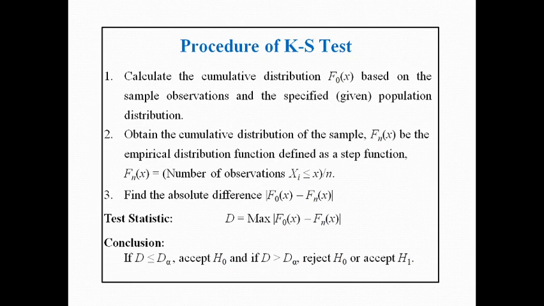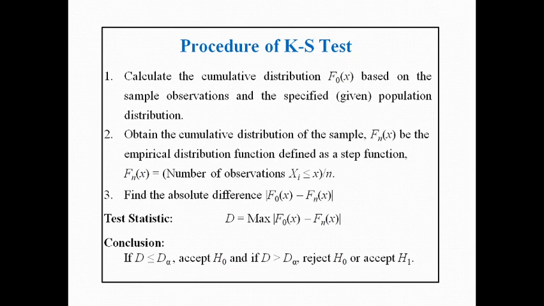Now we will see the procedure of the KS test, that is, how to perform the Kolmogorov-Smirnov test for goodness of fit. Firstly, we calculate the cumulative distribution function based on the sample observations and your specific population distribution. Generally, this KS goodness of fit test is equivalent to the chi-square goodness of fit.